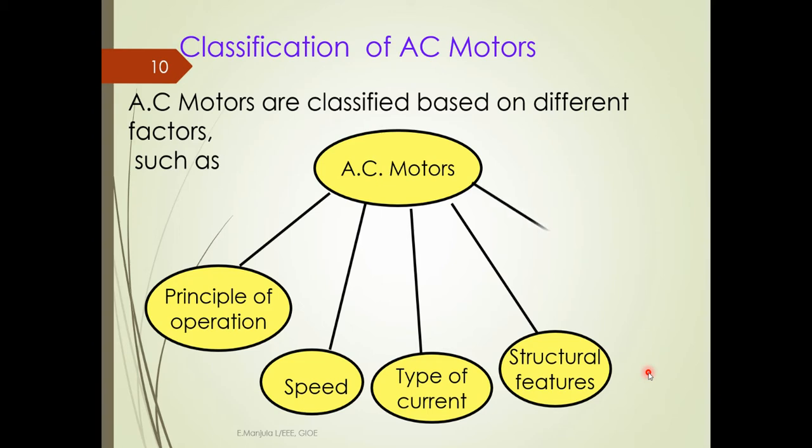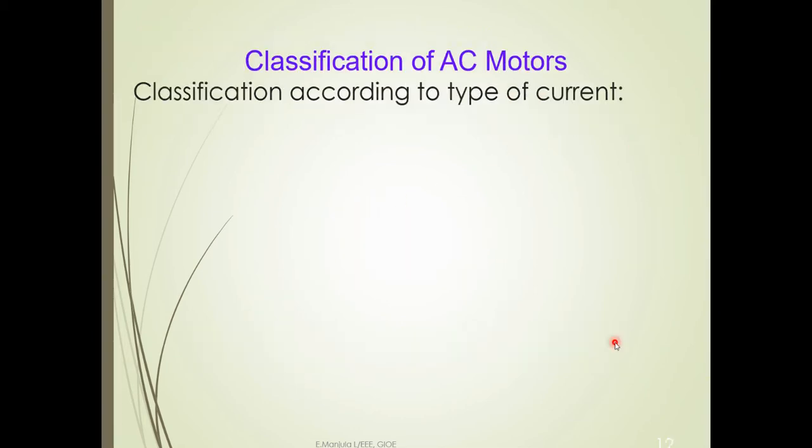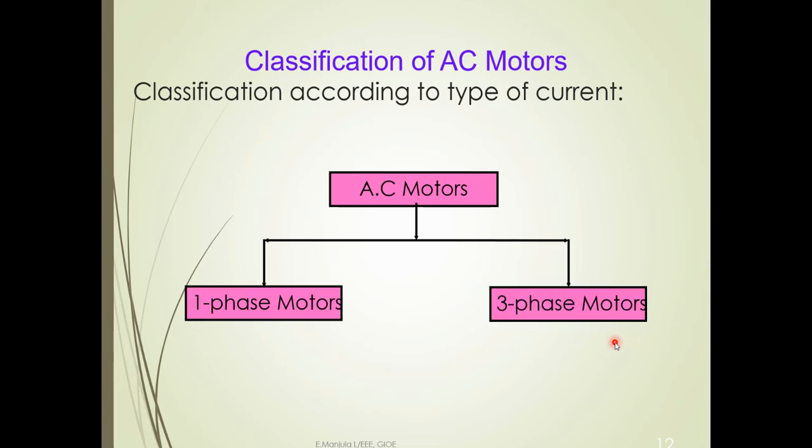AC motors are classified according to different factors: according to the principle of operation, the speed, the type of current, the structure, and the location. According to the working principle, AC motors are synchronous motors and asynchronous motors. And according to the current, they are single phase and three phase AC motors.